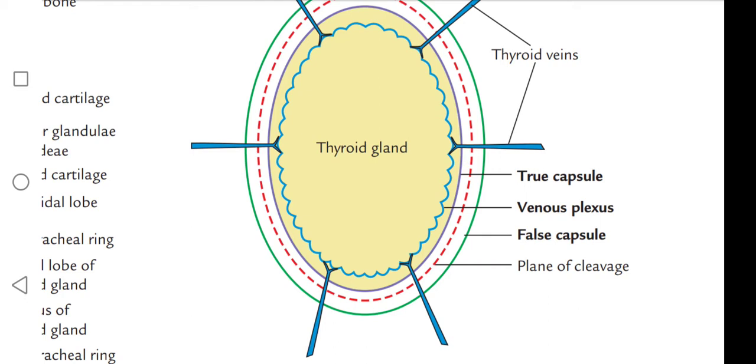The venous plexus is present inside of the true capsule. These are the thyroid veins, present inside of the true capsule. During a thyroidectomy, to avoid hemorrhage, we have to remove the thyroid gland along with its true capsule.